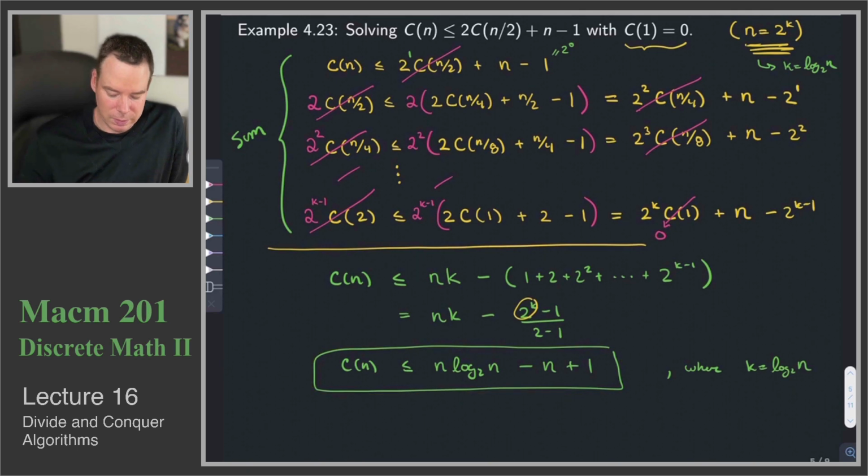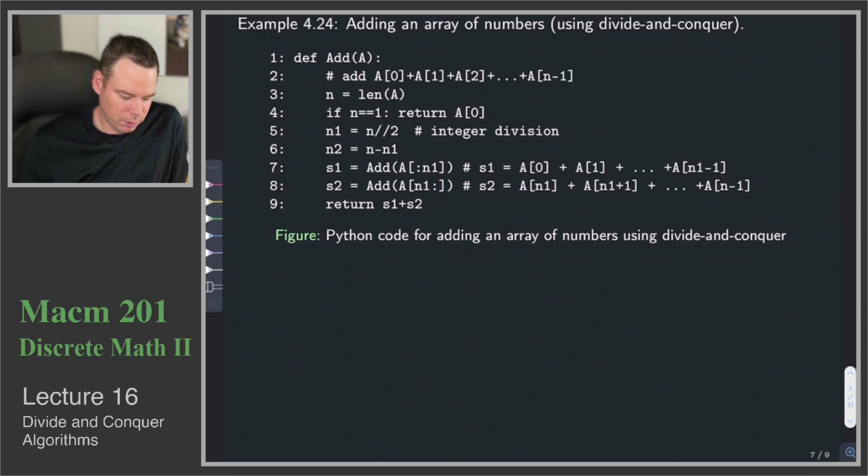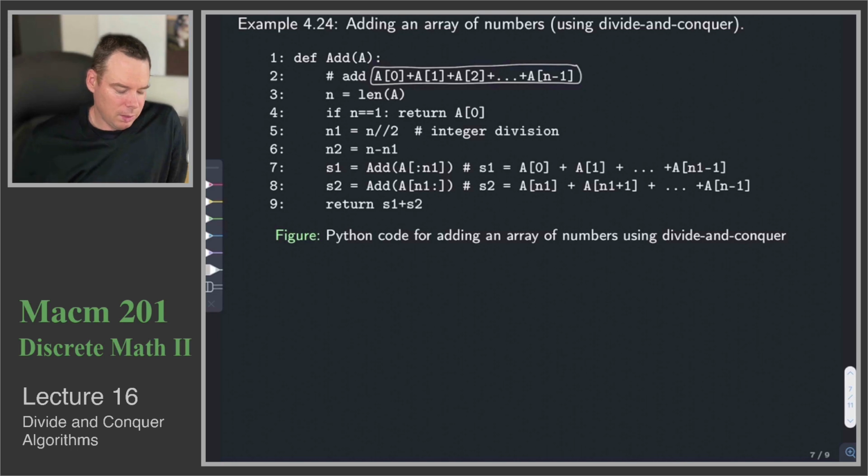Let's look at another example of a divide and conquer algorithm. In this case, we'll look at a divide and conquer algorithm that's designed to add up an array of numbers. So here we've got our algorithm called add. We input an array of length n, and it's going to return the sum of those numbers.